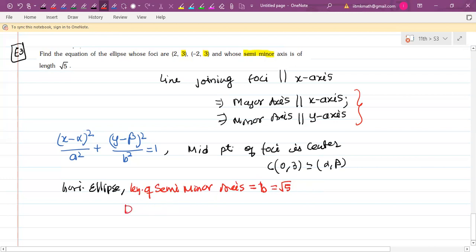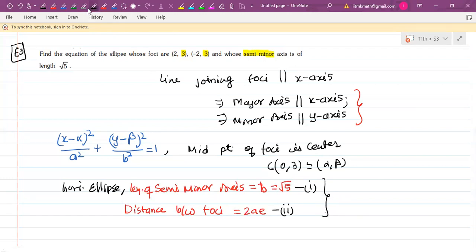And you know the distance between foci is equal to 2AE. So these are the two important equations, and based on them you can find the values of a and b, because the eccentricity, you know, is the square root of 1 minus b square upon a square for a horizontal ellipse.